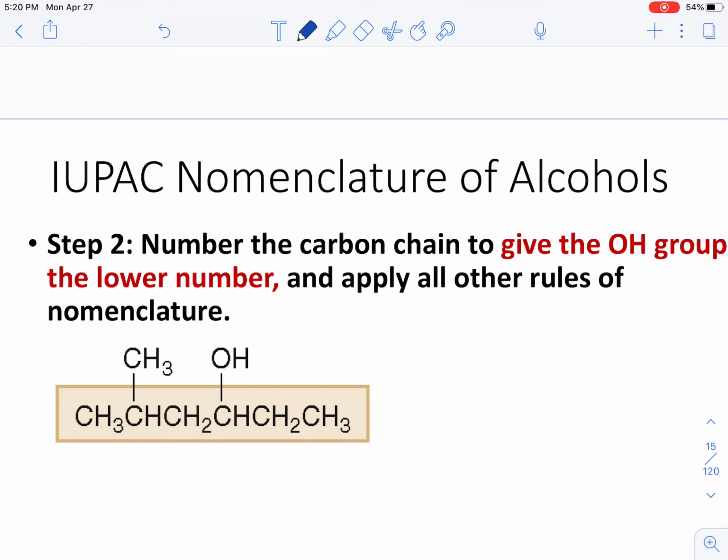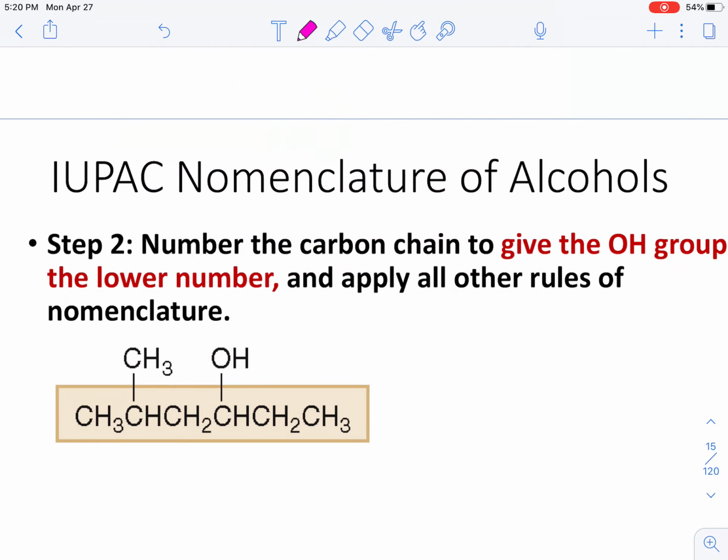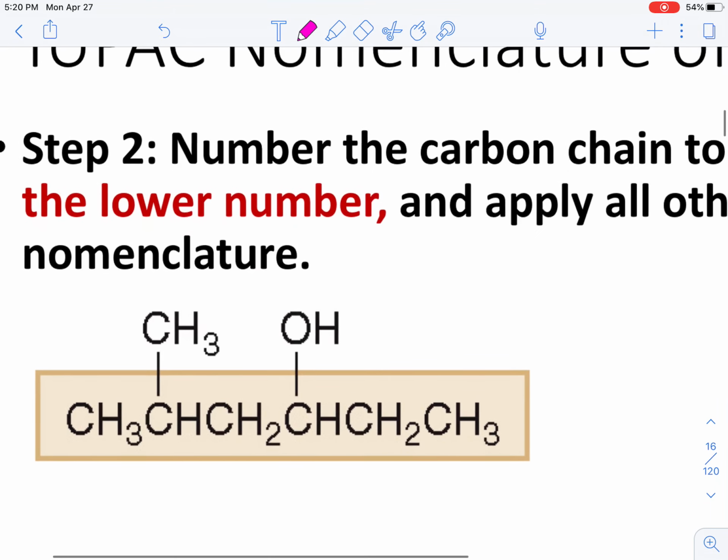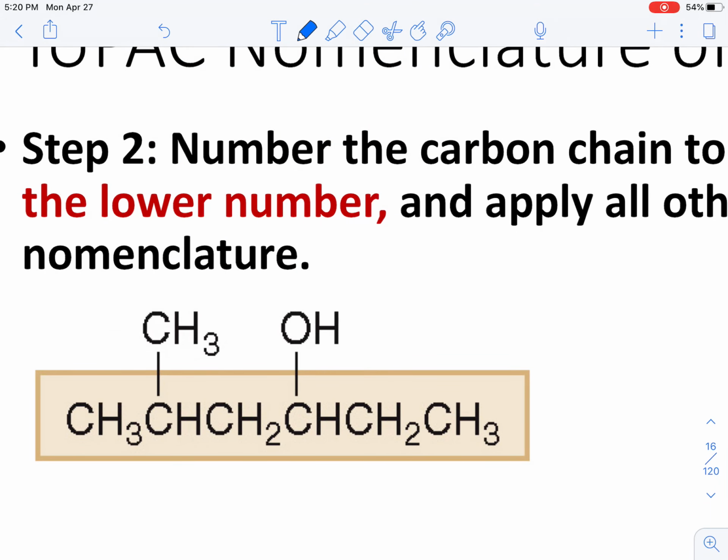Very similar to what we did in chapter 11, we can explore two different numbering systems. I think it was blue and green that I used. I'm going to go from left to right, putting 1, 2, 3, 4, 5, 6.